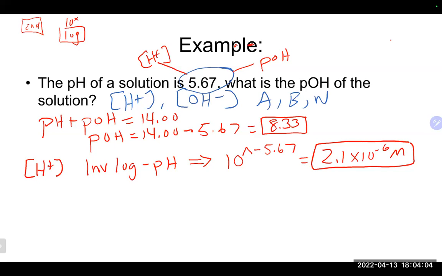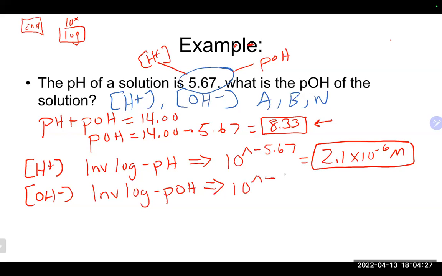Now, because we've calculated the pOH, we can do pretty much the exact same calculation to get the OH minus concentration. The OH minus concentration would be the inverse log of the minus pOH. Again, when you hit this second and log button, you get your 10 and a caret. Make sure it is negative 8.33.